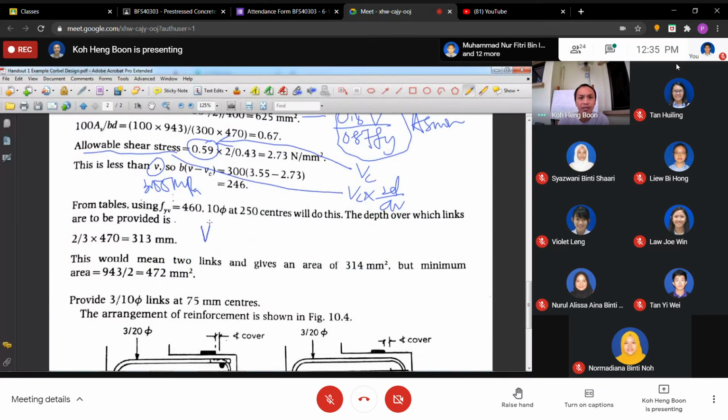VC is 0.79 divided by gamma m, which is 1.25, times 100 AS over BD, power 1/3.